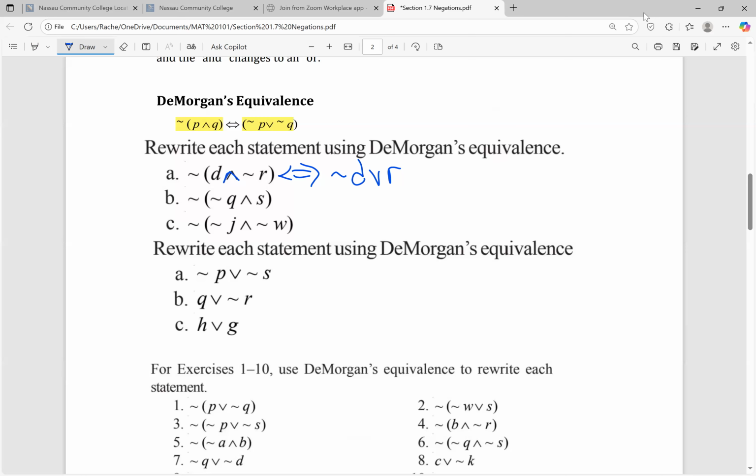So we have not D or R. For B, we have not Q and S. So a not Q is Q, and becomes or, and then we have not S. So Q or not S. For C, we have not J, which is J, or N becomes or, and then a not W is W.